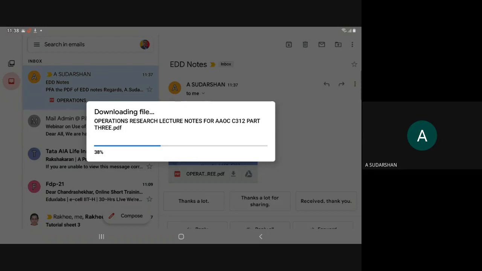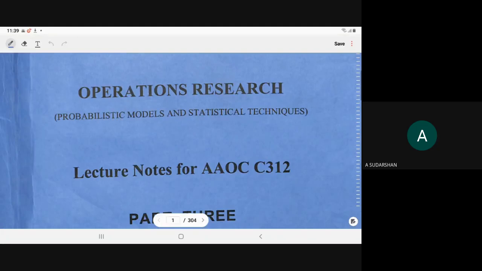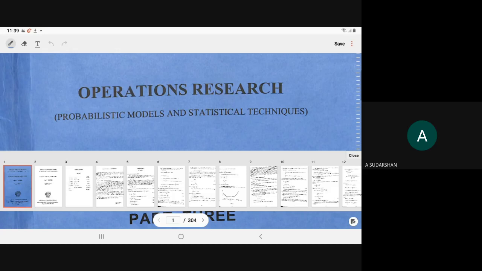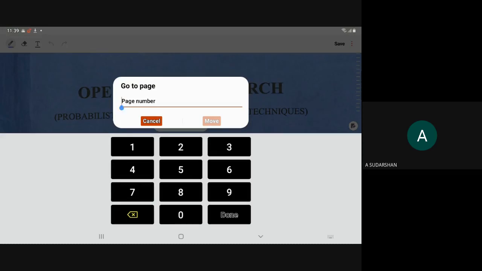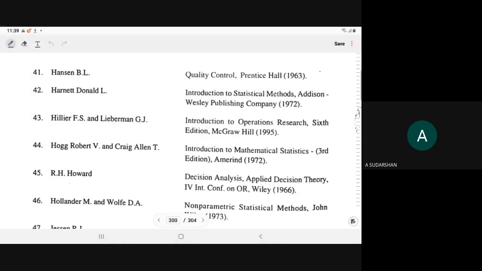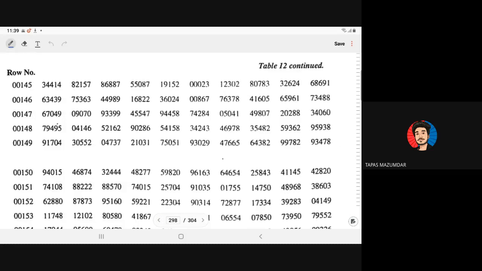Just wait a bit, it is downloading. Sir, it's 237. So it's on page 237.